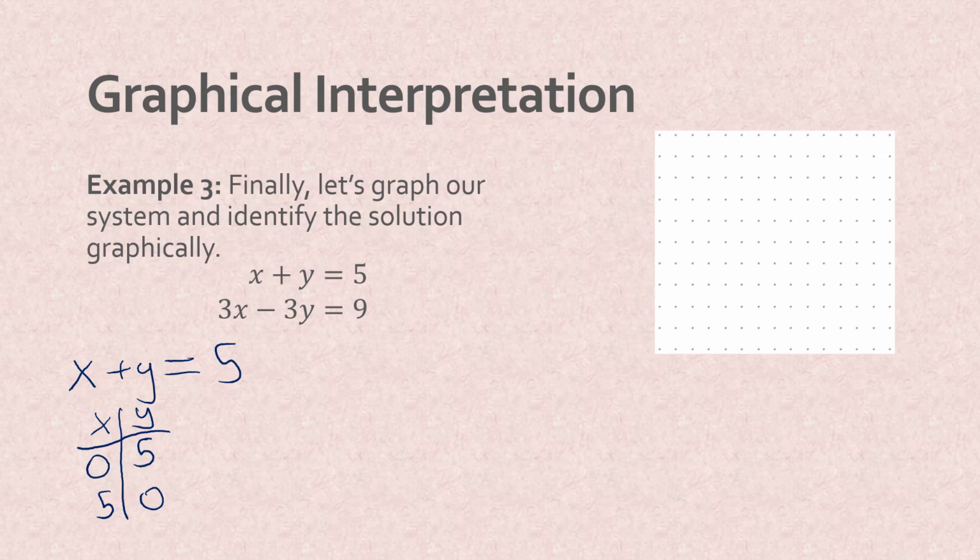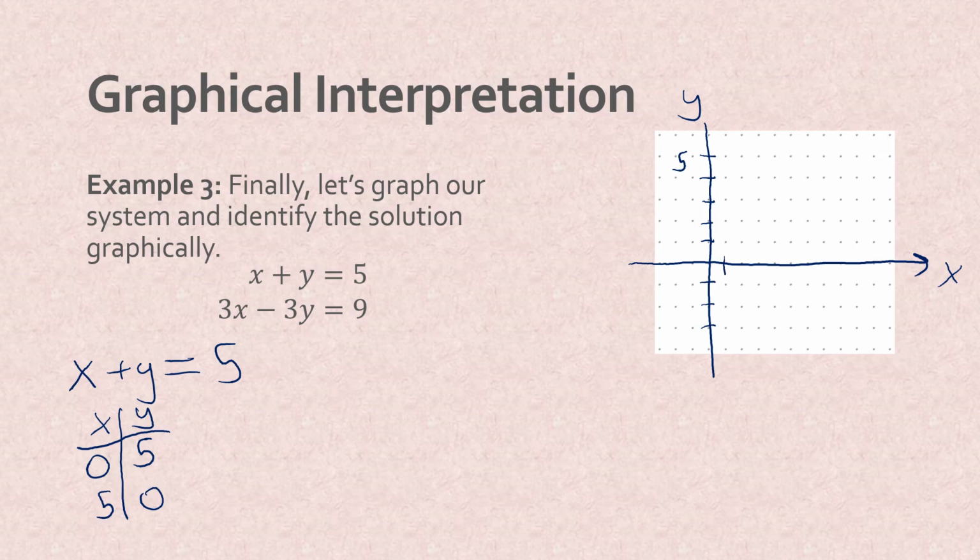So let me draw on the axes here. So there's the x-axis, there's the y-axis. Draw on some tick marks. There's 5.